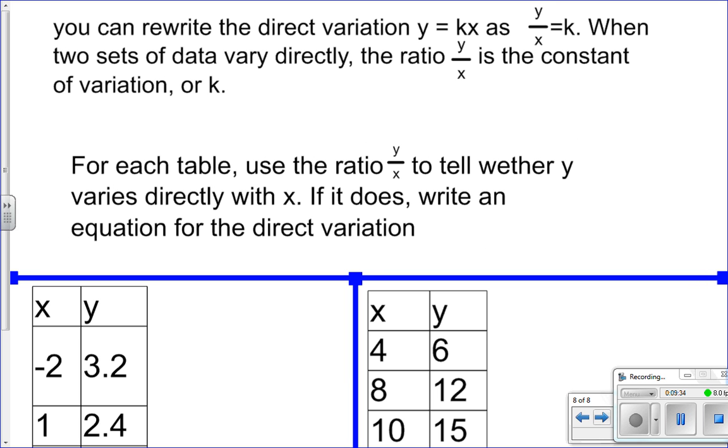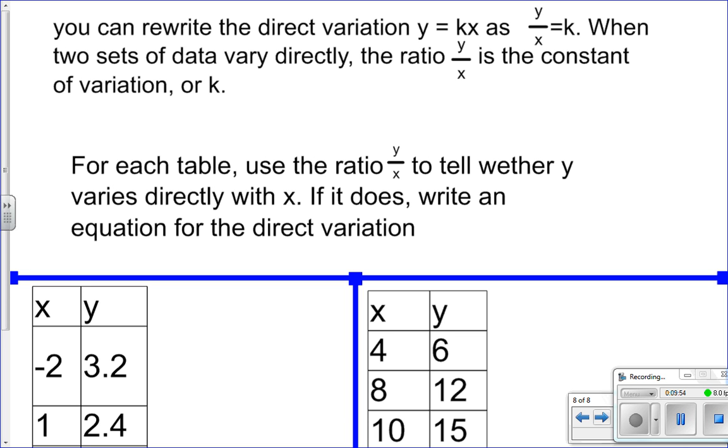And then the final part, looking at tables. So write this down because this is important. It says you can rewrite the direct variation y equals kx as y over x equals k. When two sets of data vary directly, the ratio y over x is the constant of variation, or our k.